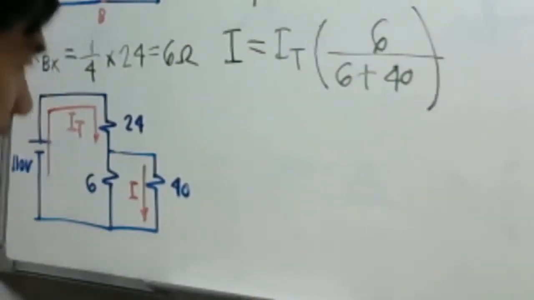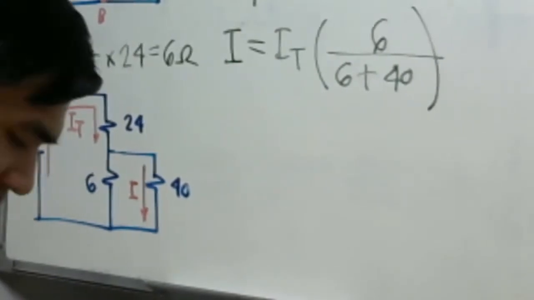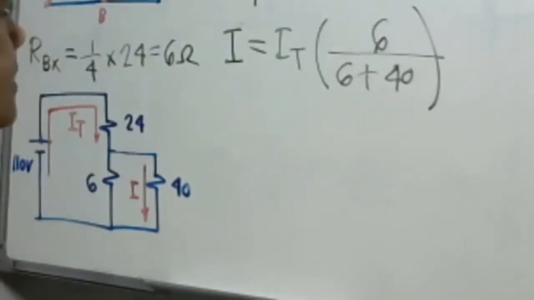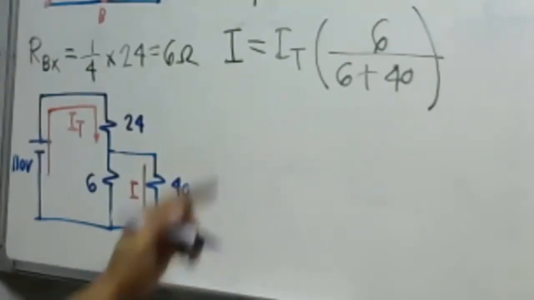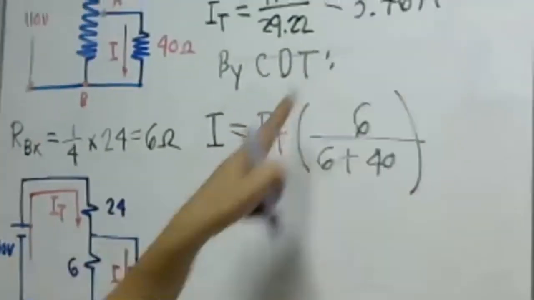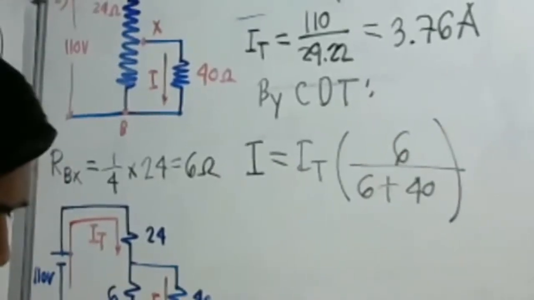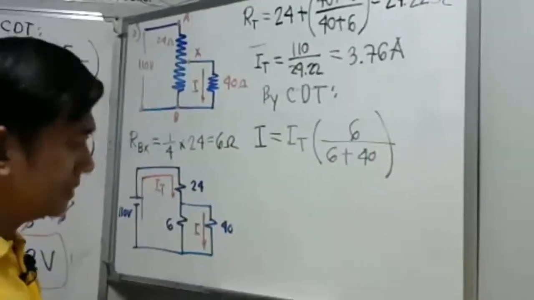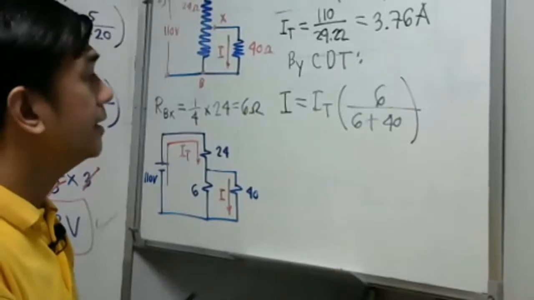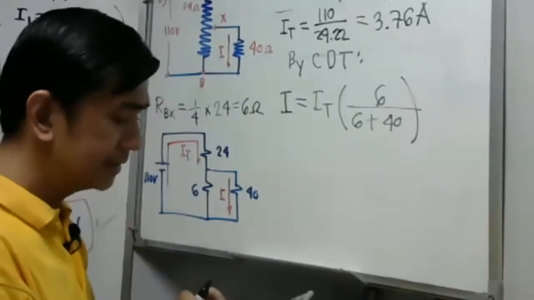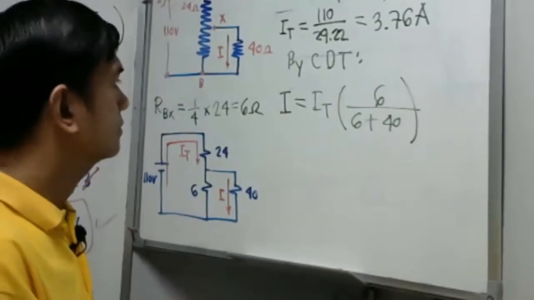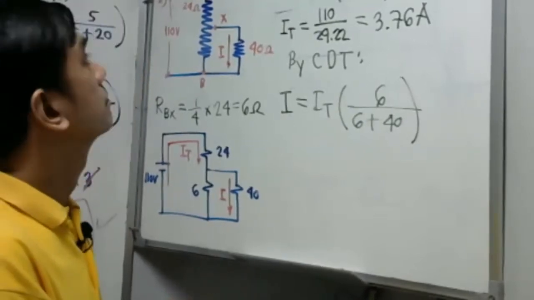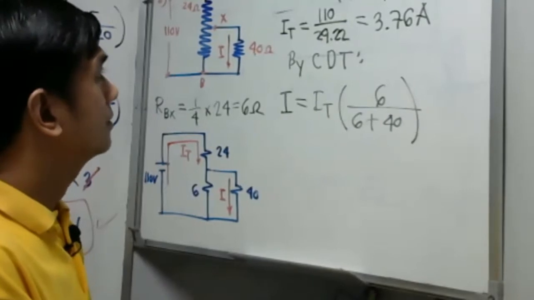So we just have to substitute the 3.76 here. We already get 3.76 as our I total. 3.76 times 6, then divided by 46, equals the answer. Okay, let us double check. Double check natin.